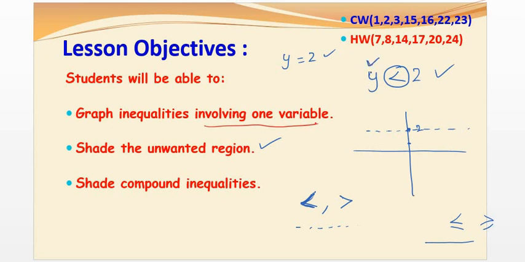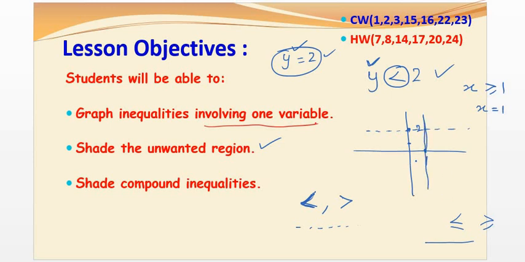Whenever you are dealing with a single variable and it says, let's say, y is less than 2, you have to draw a horizontal line, because y equals 2 is a horizontal line. And whenever you have, for example, x is greater than or equal to 1, first you have to draw the line x equals 1. So x equals 1 means it's a vertical line at 1.